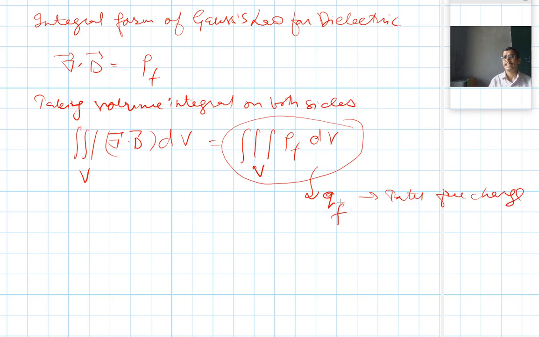When I integrate the volume charge density, it simply gives us the total charge, so I am writing it as Q f. Therefore this volume integral of del dot D dV can be written as Q f.